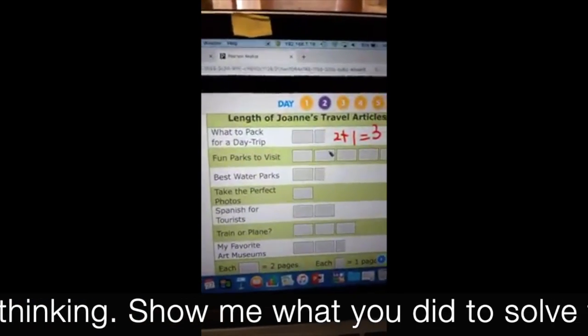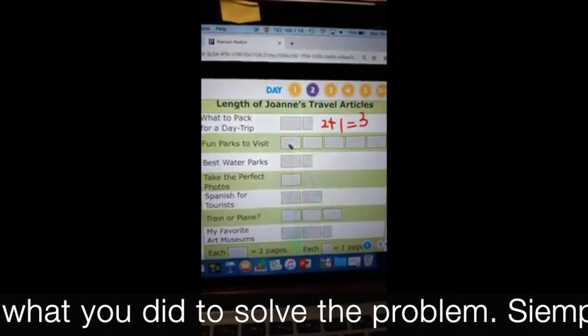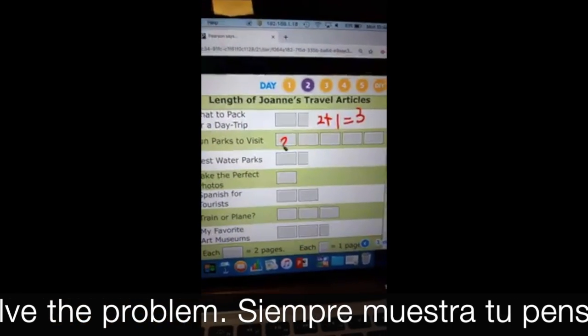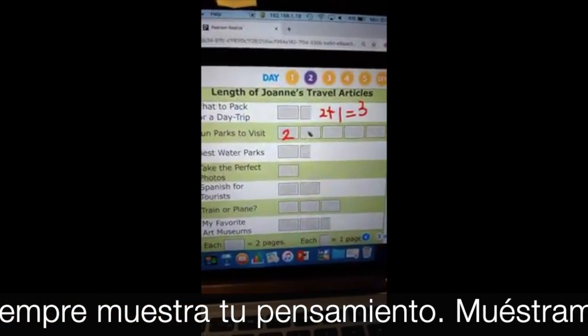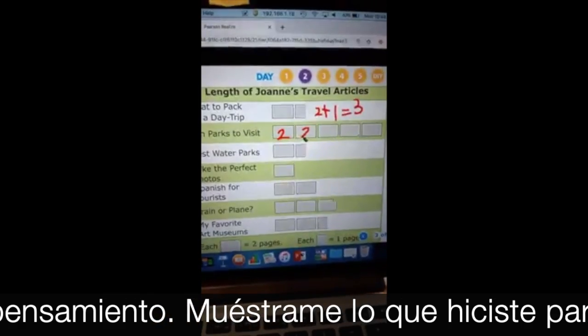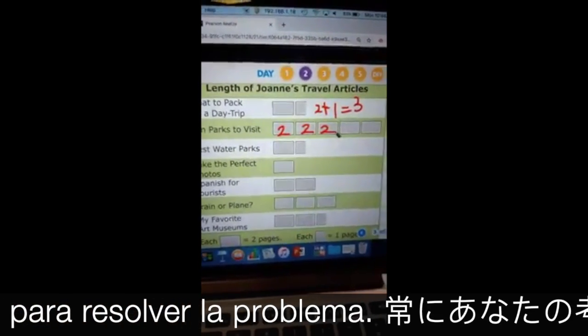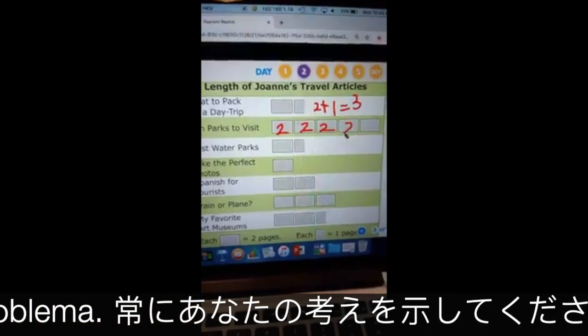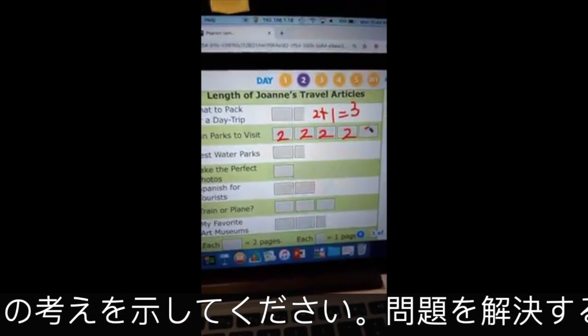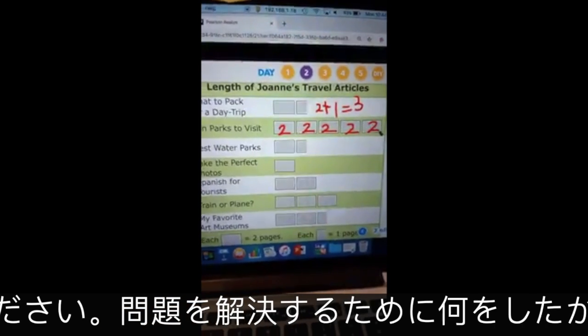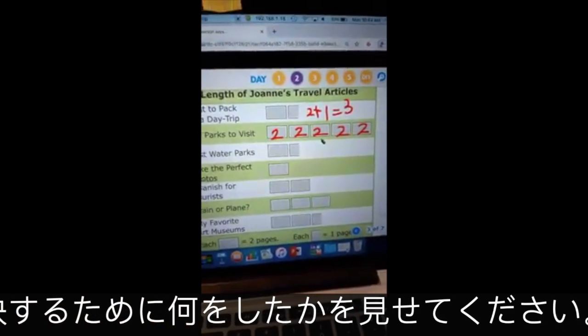This is the same way that I want you to show all your work. If I know that this is 2, and this is 2, and this is 2, and this is 2, and this is 2, how much is that?